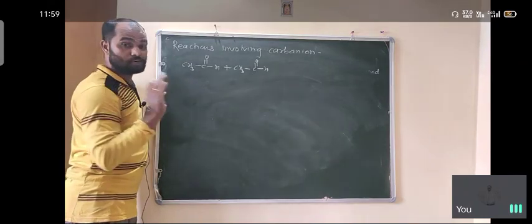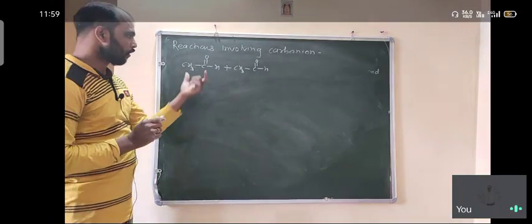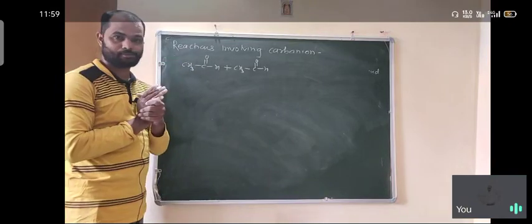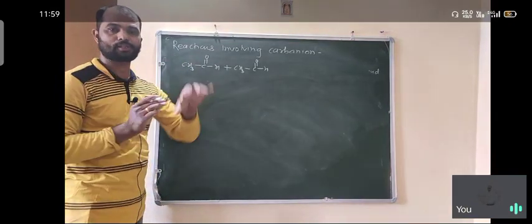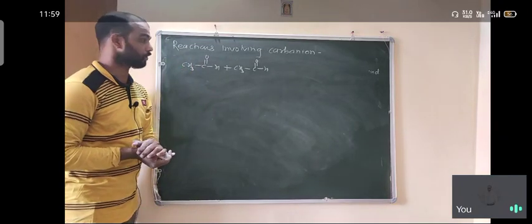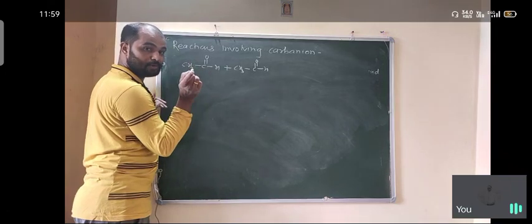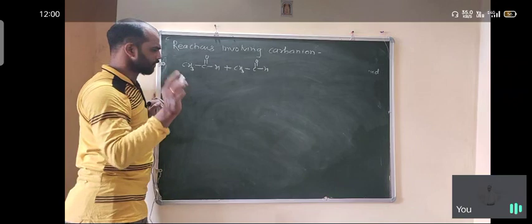In that condition, one of the molecules forms a carbanion, and this molecule will react with the other molecule. So it is an addition type of reaction. One molecule forms a carbanion and reacts with the second molecule. We already discussed the addition reaction, same reaction.